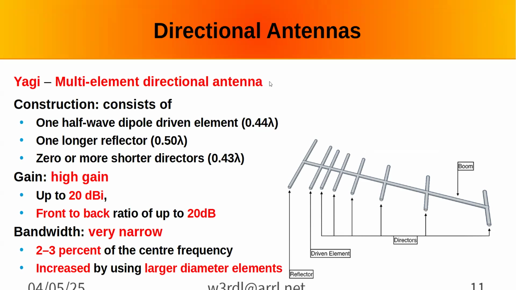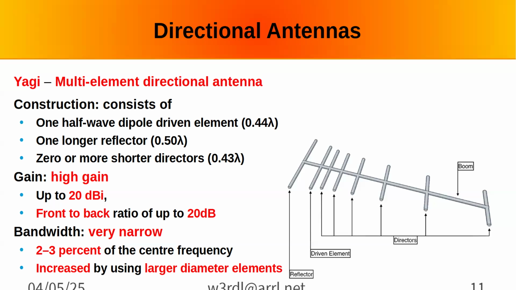Okay, so a Yagi consists of at least 2 elements, a driven element and either a reflector or a director. Typically, if it's a 2-element Yagi, you're going to have a driven element and a reflector because you get more gain from the reflector than you do from the director. The driven element is typically half wavelength long, although in most cases, for some reason, it's slightly smaller.